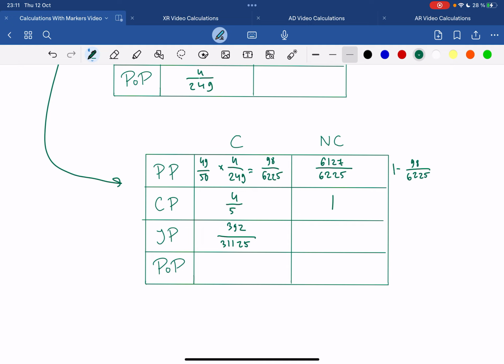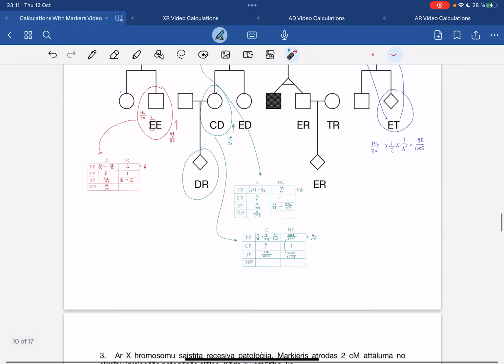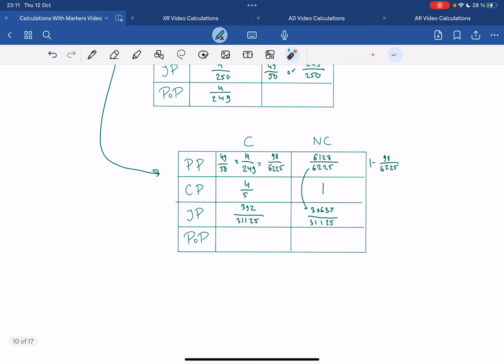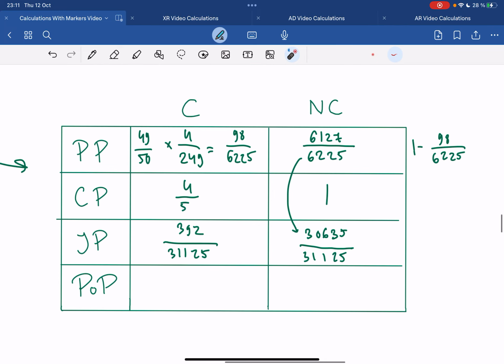And here for non-conditional, we can simplify this into 30635 over 31125. Now I know it sounds like there's a lot of numbers here and it shouldn't be, but in some of these, and actually in colloquium, according to a professor, this could come up. And what did we do to get this? We actually just multiplied these by 5.